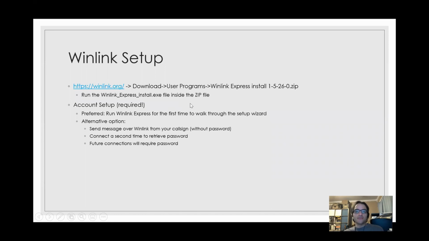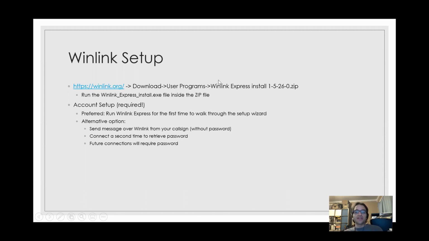I'm not sure who here has already downloaded and installed it, but you would go to winlink.org in your web browser, and there's a download link. From there it'll show a file listing, and you can go into user programs.